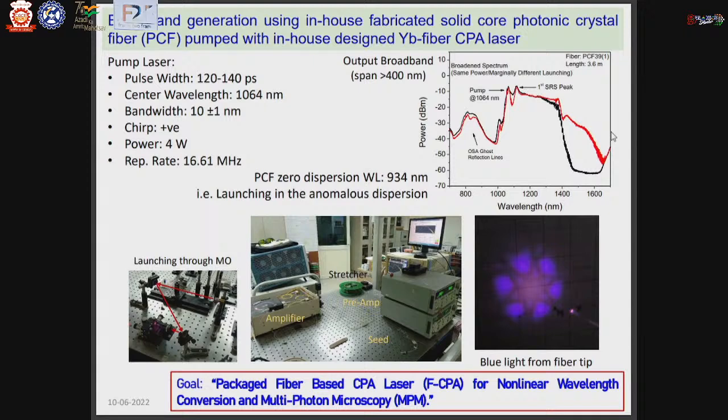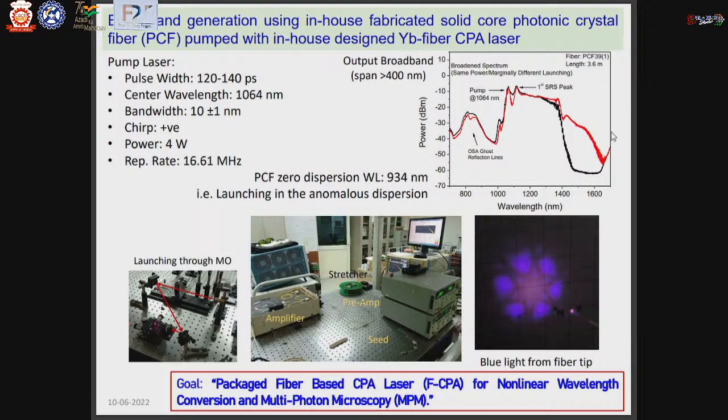This is the output spectrum after the photonic crystal fiber. This is the pump wavelength at 1064 nanometers, and I see the first SRS peak, and then a significant broadband, more than 400 nanometers broad, in the NIR domain. There is also visible frequency up-conversion through nonlinear processes, seen outside the fiber tip. I can see blue light generation from the photonic crystal fiber.